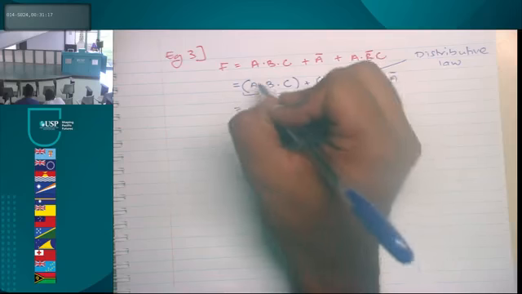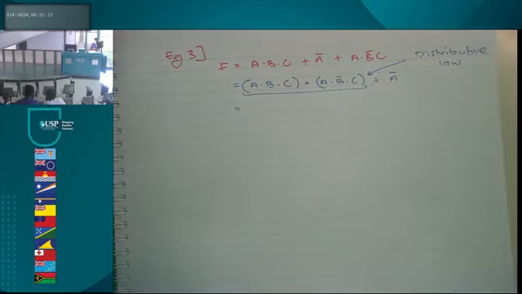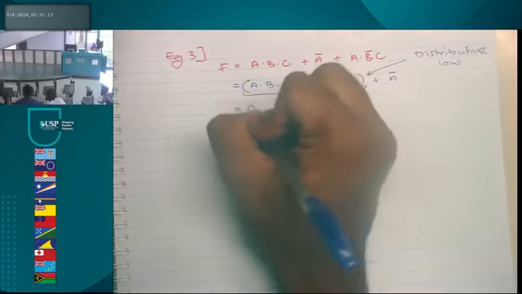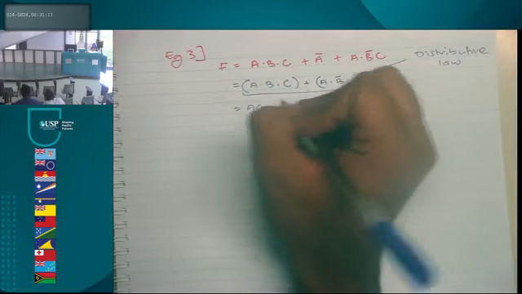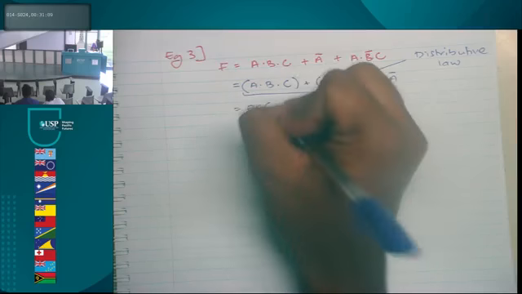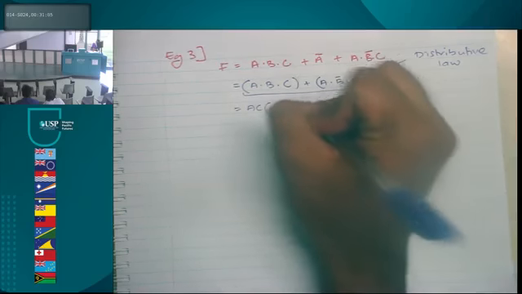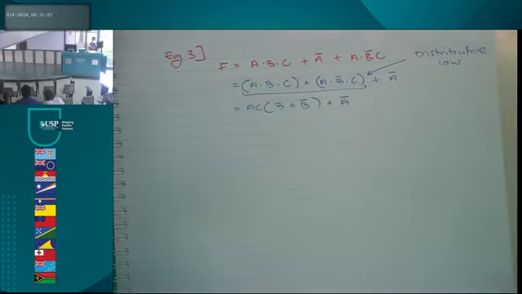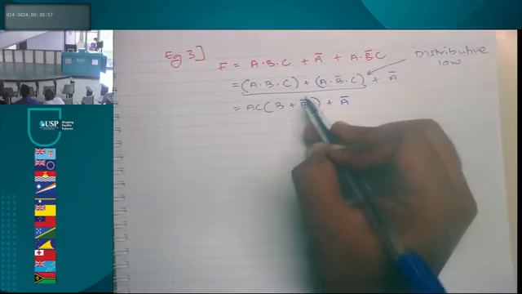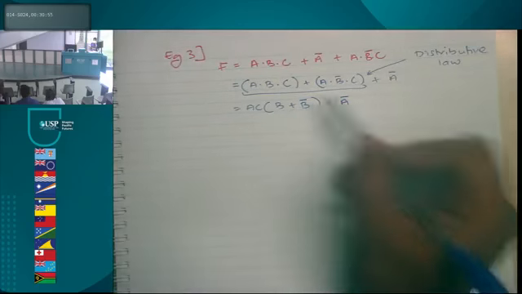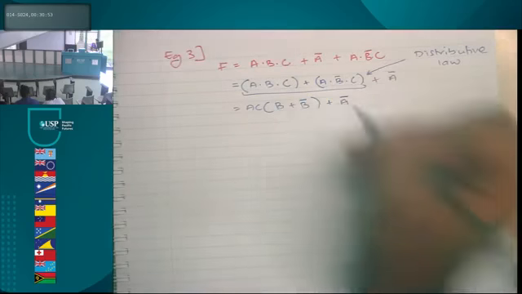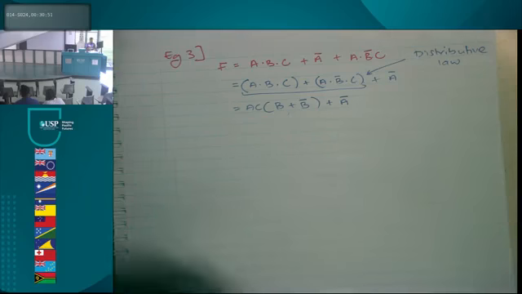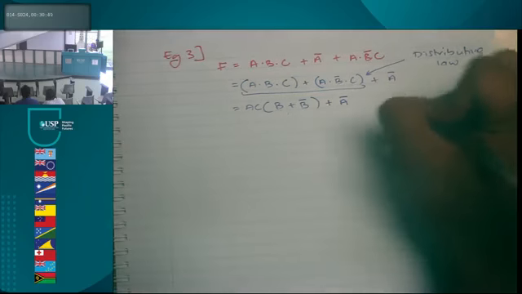We can see that A and C are present in both, so we're going to take out A and C, okay? A and C will go out, and you'll be left with B or B bar, okay? Now that makes our expressions much simpler. From here, you can already know that something is going to be cancelling off, B or B bar, right? B or B bar is the complement law.